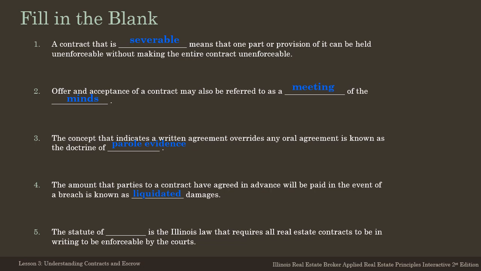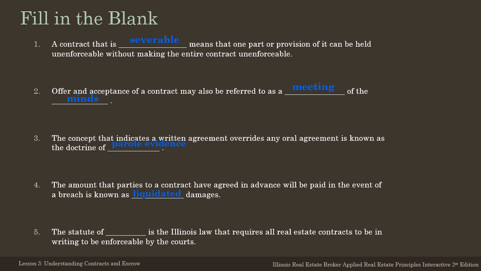Basically that clause says if either of us should end up breaching the contract, we don't do what we're supposed to do, or we don't show up at closing, and the other party has to sue for their damages, we will agree that the, quote, prevailing party will receive liquidated damages in the amount of $4,000. So liquidated damages are stated right in the sales contract, and they're in a definite amount.